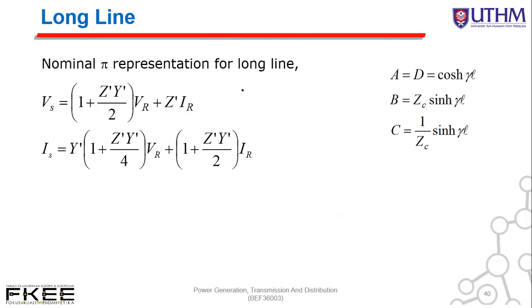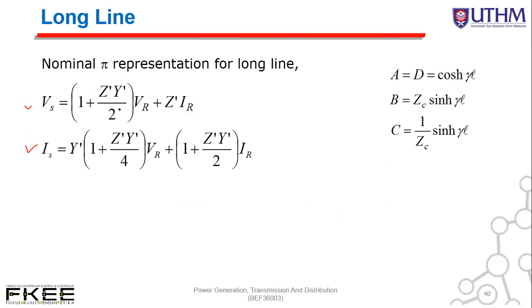So we can represent the nominal pi model for a long line in terms of sending voltage and sending current with this formula. If you recall, for the medium line model we use the A constant, that is 1 plus ZY over 2.